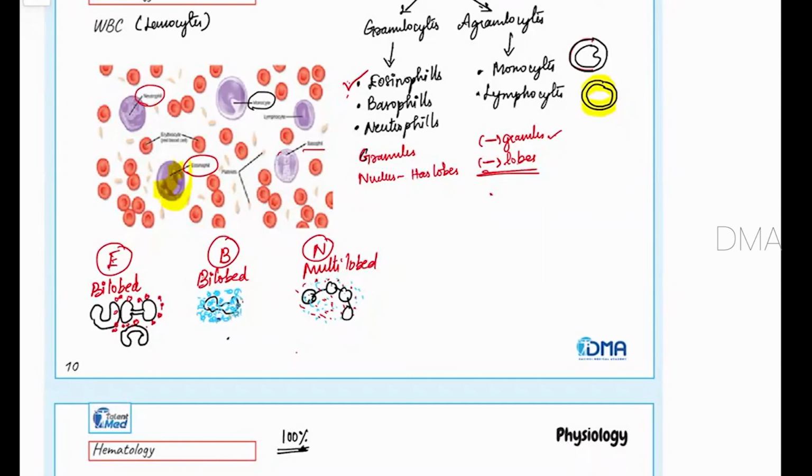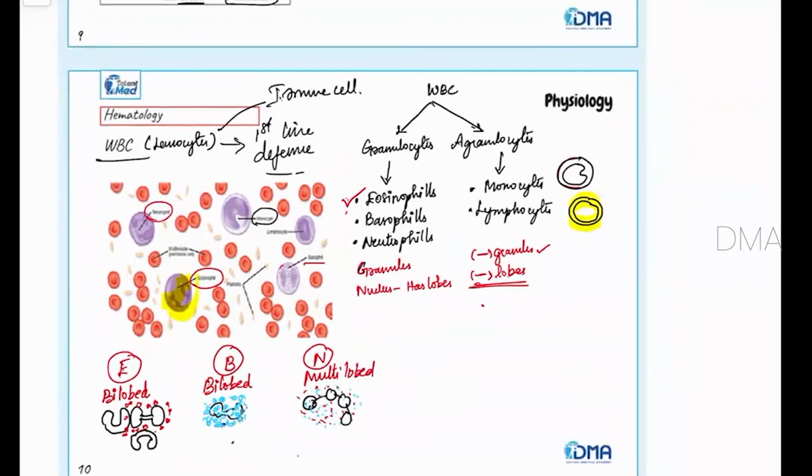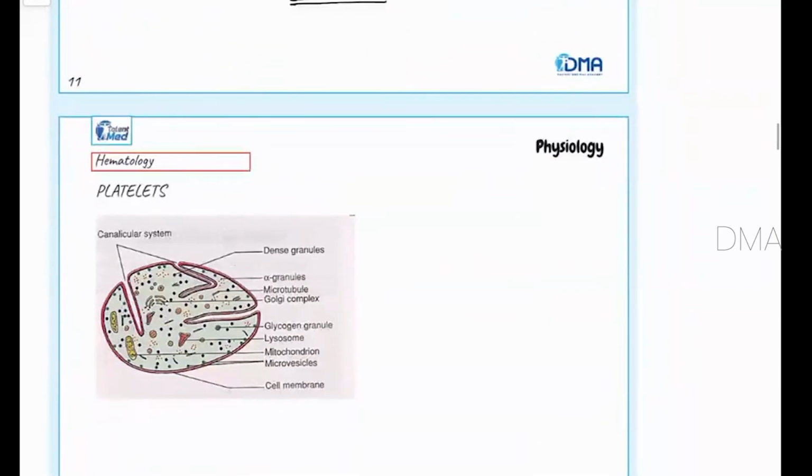The plasma cells produce the antibodies against the foreign antigens. So overall, white blood cells act as the first line defense mechanism. Its major role is to function as an immune cell. Okay, clear? That is the main function of WBCs.